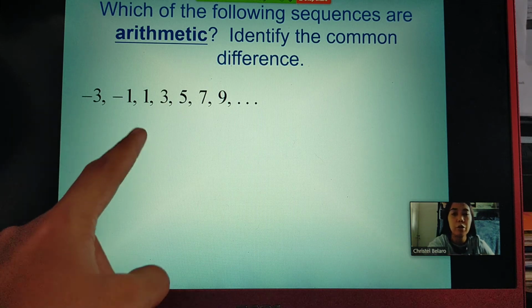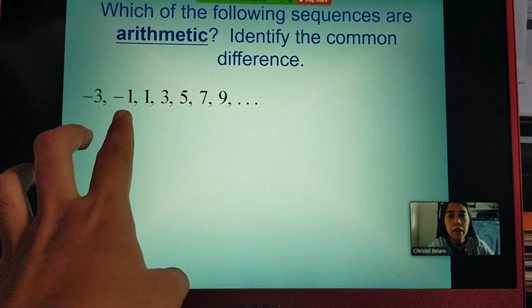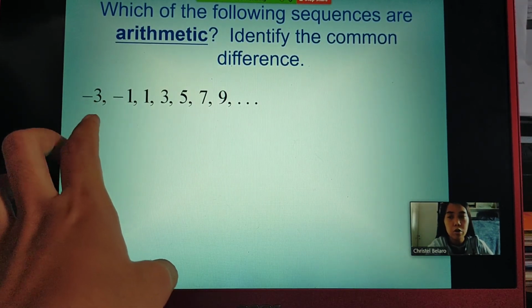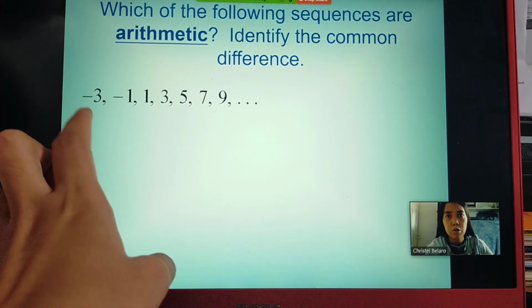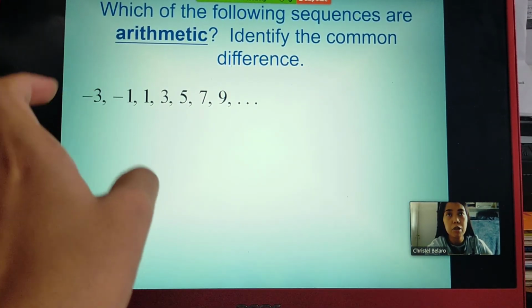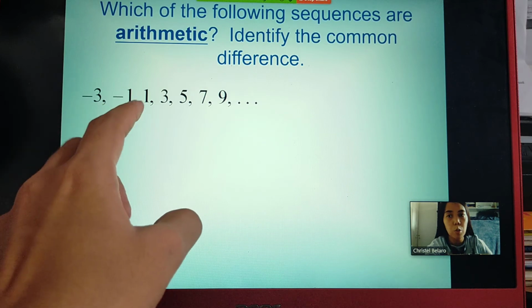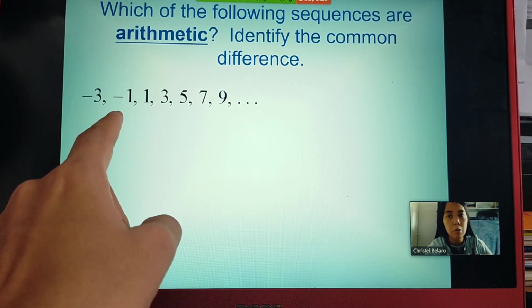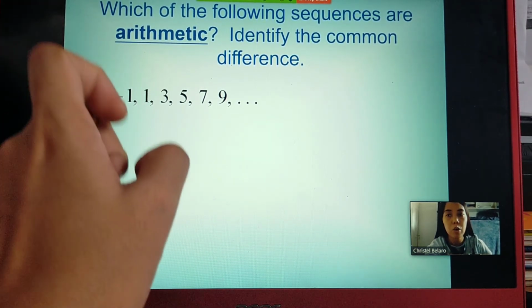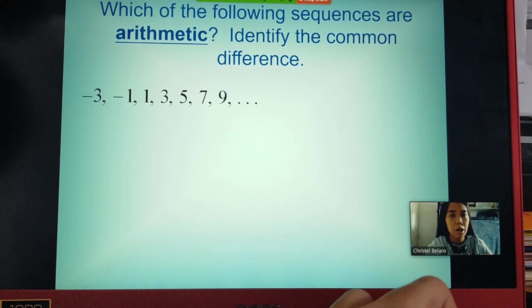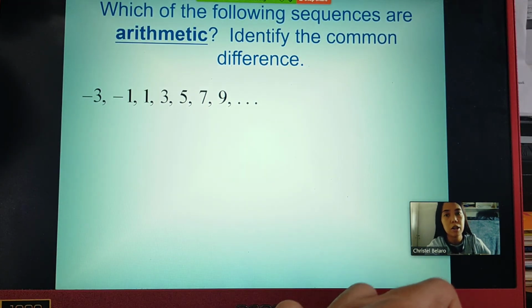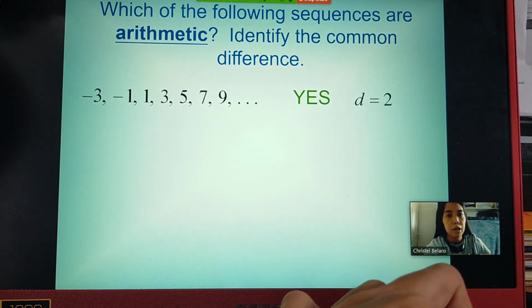So how are we going to find it? Negative 1 minus negative 3, so it becomes negative 1 plus 3. The answer is 2. 1 minus negative 1 becomes positive, 1 plus 1, it's 2. So it's an example of arithmetic, correct, Mitzi? And the common difference is 2.